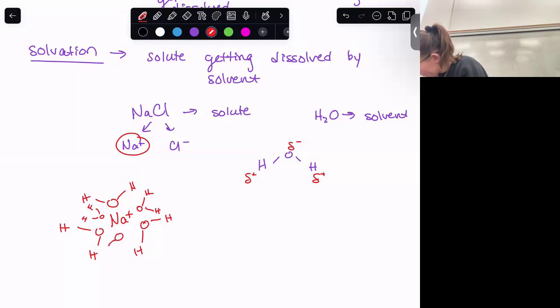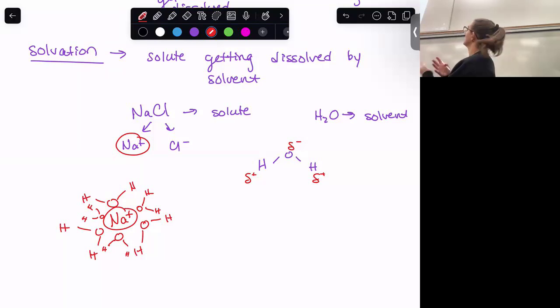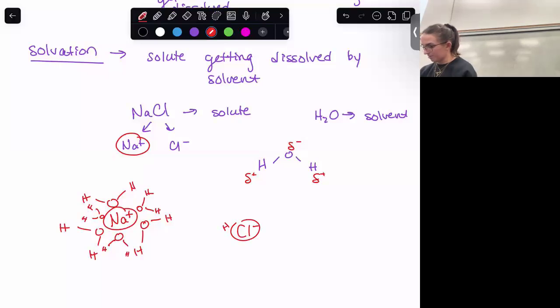I'm going to do it kind of rough, but it creates this circle or barrier around that sodium plus charge that we have. That's because opposites attract. That positive charge is going to be attracted to the negative partial charge of the oxygen. And in the same sense, the chloride minus ion is going to be surrounded by the positives of the hydrogen.